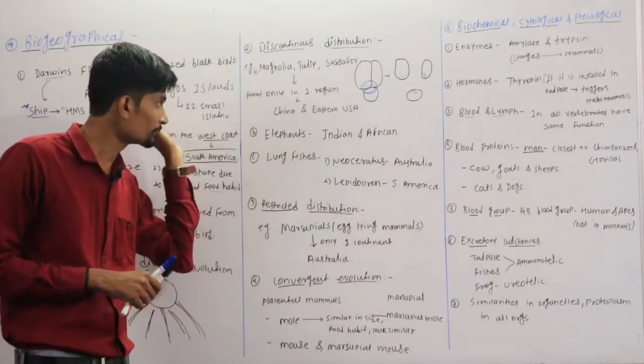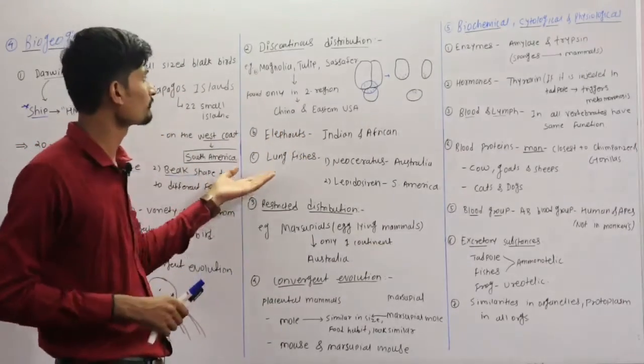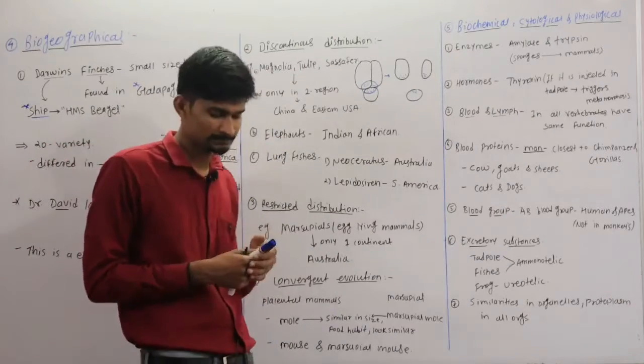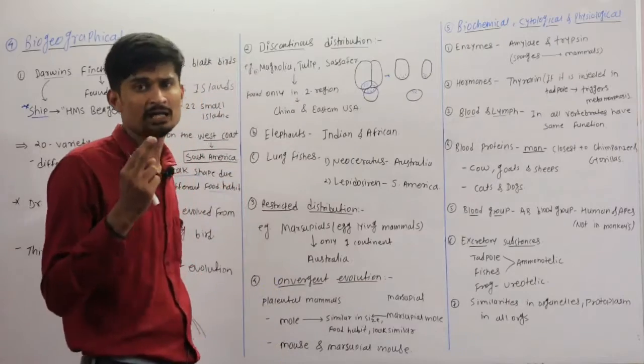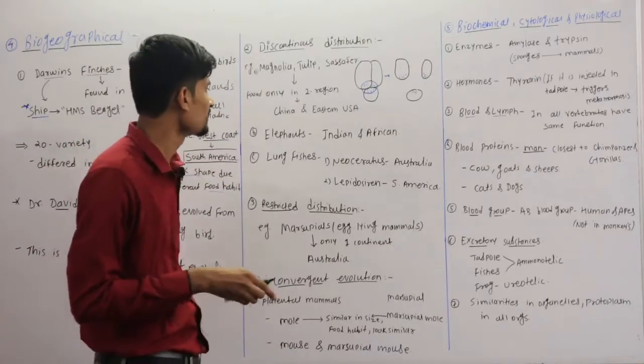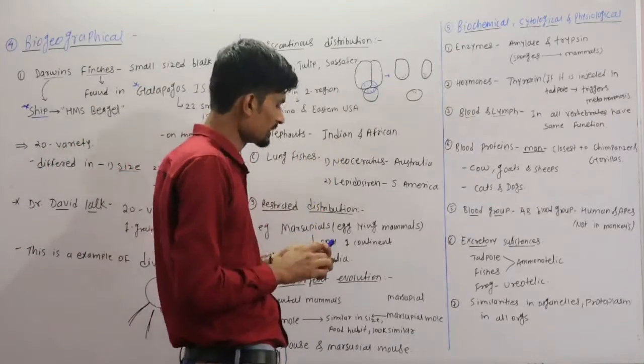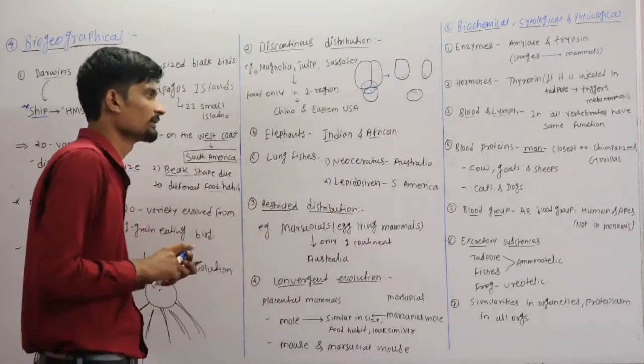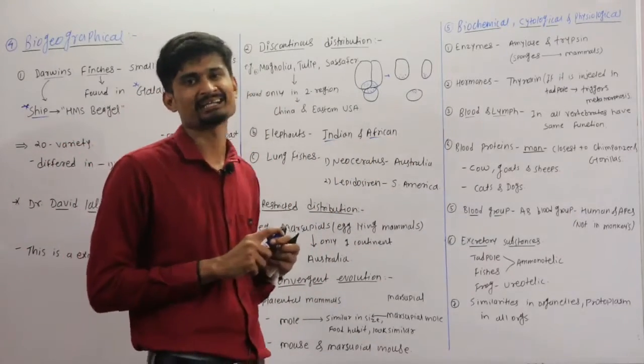That is why these are only found in those two regions, China and Eastern USA. Now another example of discontinuous distribution is the elephants. In the world there are only two varieties of elephants, the Indian elephant and the African elephant, meaning elephants are only found in India and Africa.